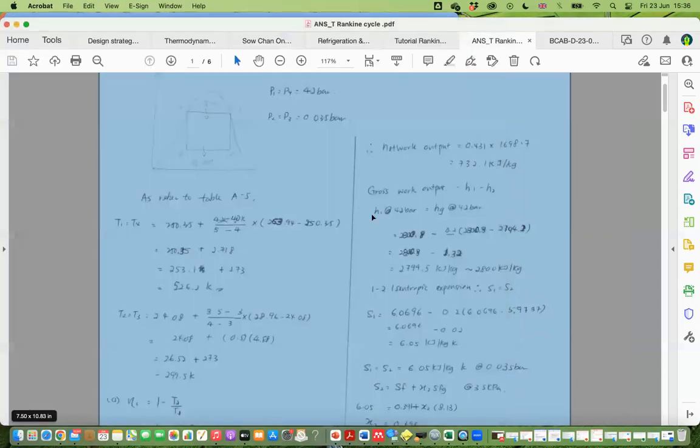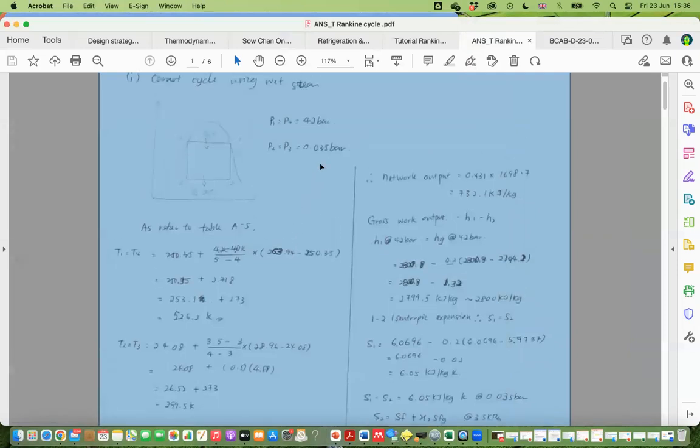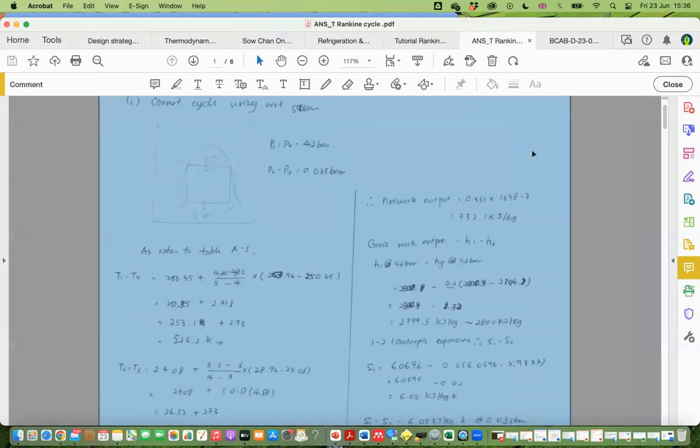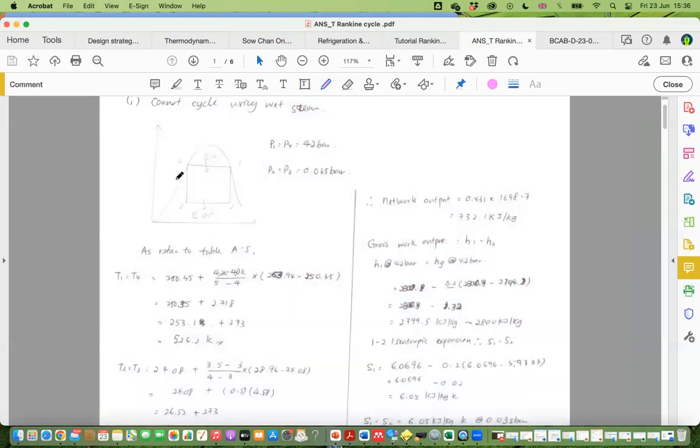That is the fundamental part. So if you refer back to the previous curve, we know that the pressure table is like this for the steam.